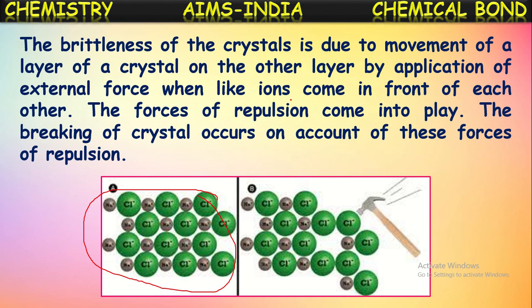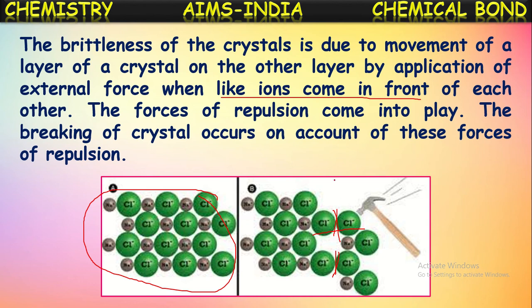Then like ions will come in front of each other. Repulsion occurs as they are the same kind of ions. The breaking of the crystal occurs on account of these forces of repulsion.